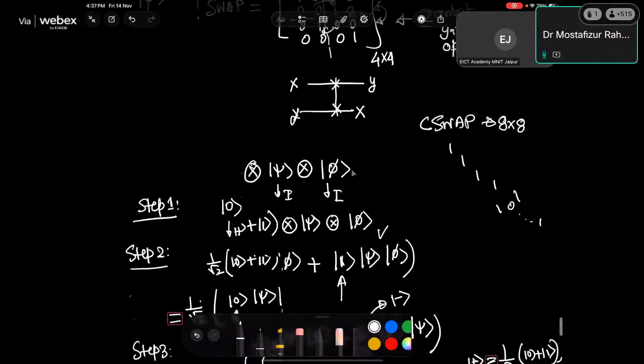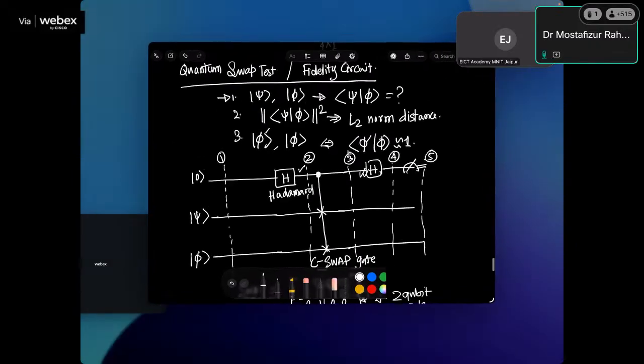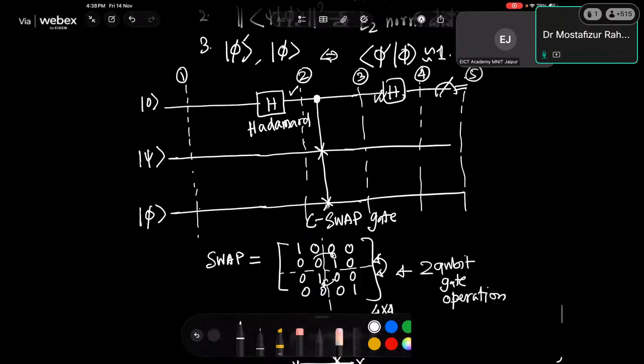So I got some information here. And because I applied a controlled swap, the psi and phi swapped, conditioned on the state here, depending whether it is 0 or 1. Whatever I got, I will apply a Hadamard again. Then all the first registers, 0 will become the plus state and 1 will become the minus state, right?